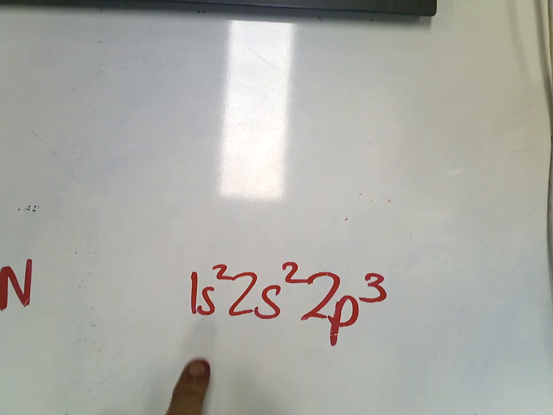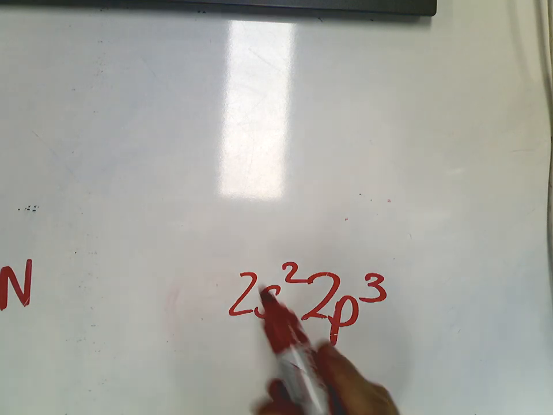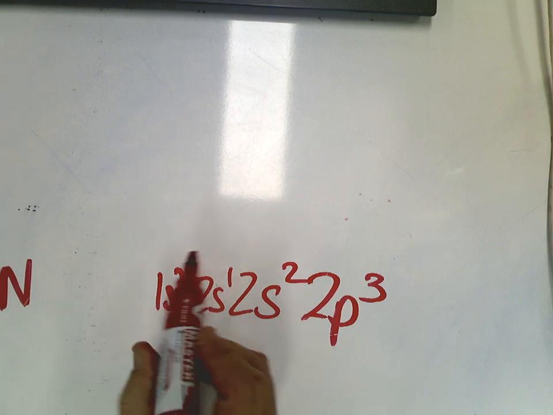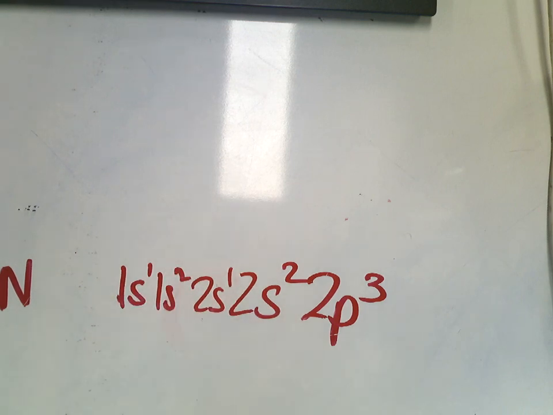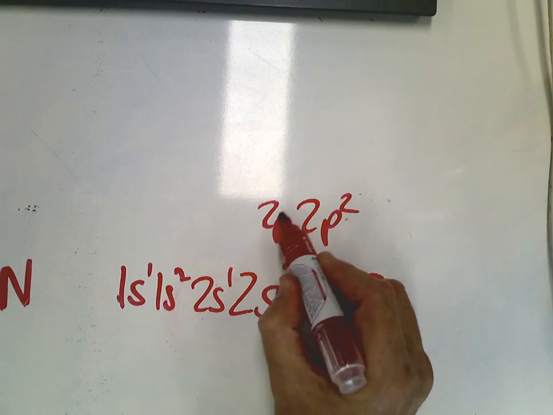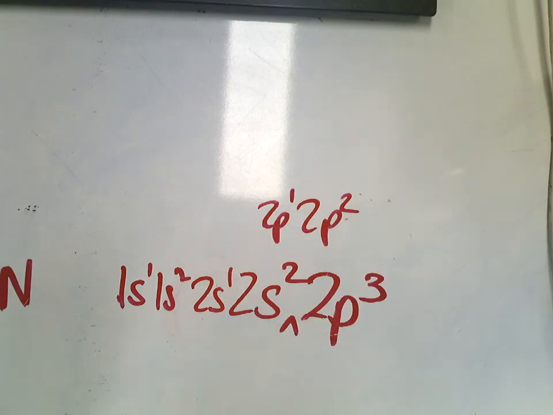Now, technically speaking, I probably should have written it as 2s1, and then 1s2, and then 1s1. And really, in here, I probably should have had 2p2 and 2p1 if I'm going to stop at every electron. But we don't. We actually abbreviate this.